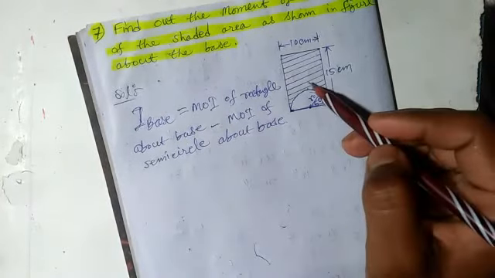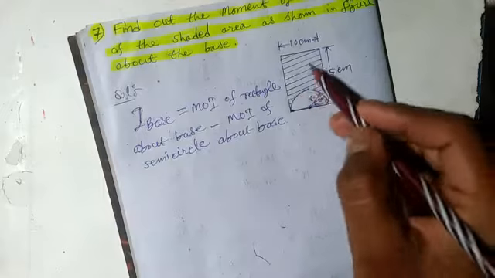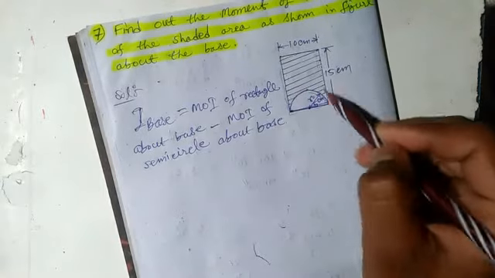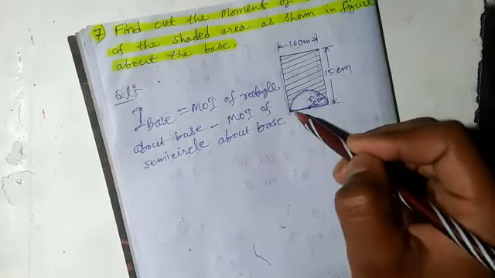So the total moment of inertia of this figure will be equal to the moment of inertia of this rectangle minus the moment of inertia of this semicircle.